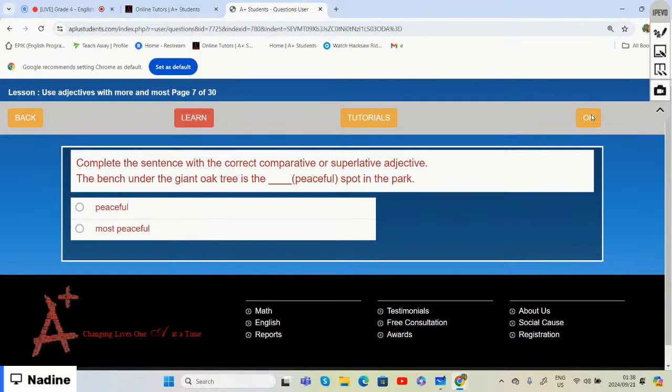We need to complete the sentence with the correct comparative or superlative adjective. So the bench under the giant oak tree is the, do we say peaceful spot in the park, or do we say it is the most peaceful spot in the park? Which one is correct?